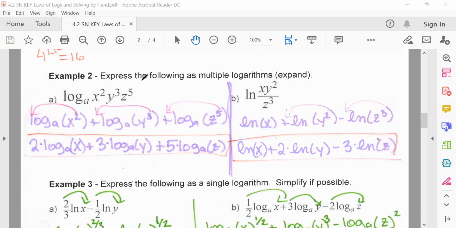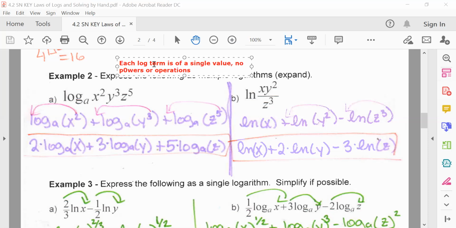So when you're asked to express the following in multiple logs, each log term is of a single value, no powers or operations.